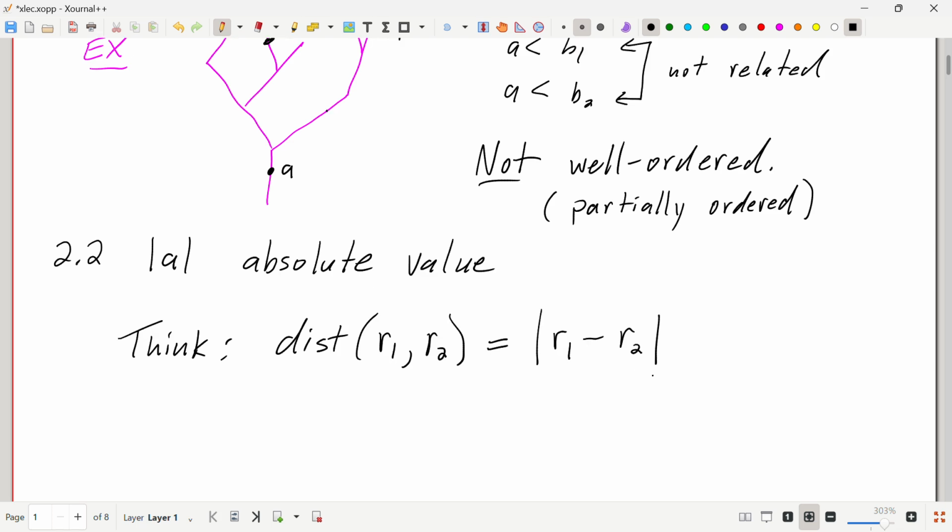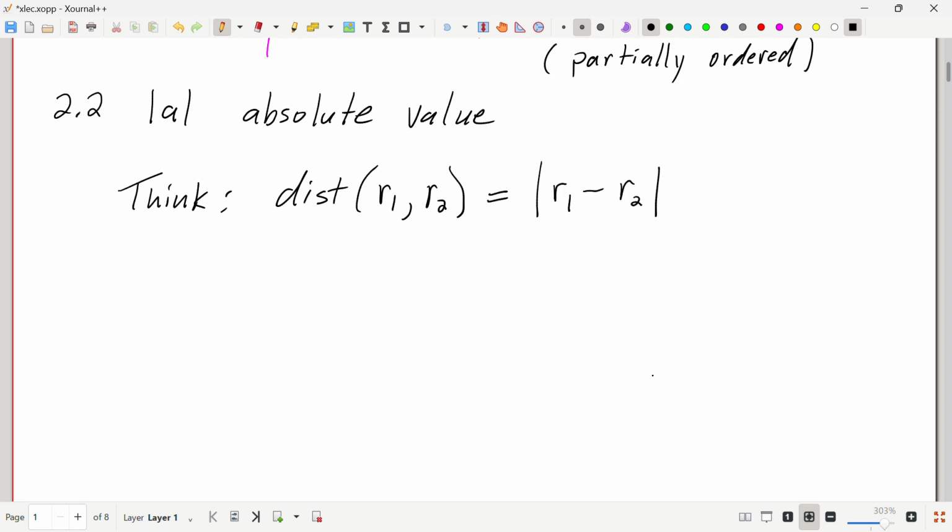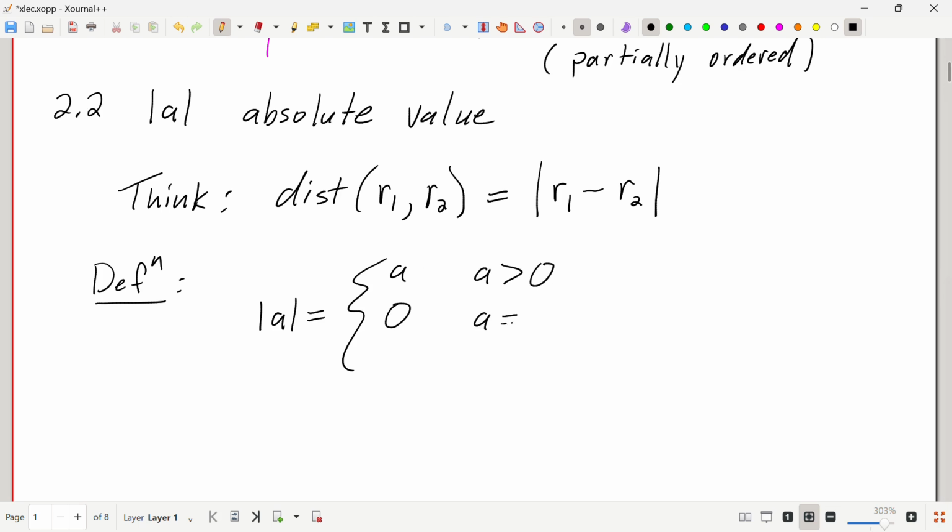Of course, I'm going to be formal for a little bit here. The definition of the absolute value is that the absolute value of a real number a is equal to a when a is positive. It's equal to 0 when a is equal to 0. And if a is negative, then to make it positive, I would take minus a.